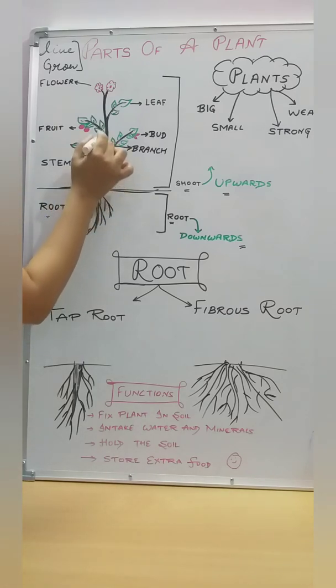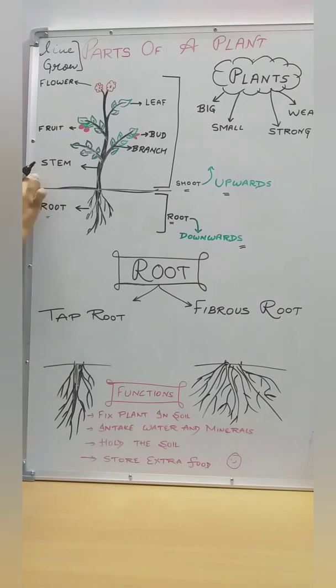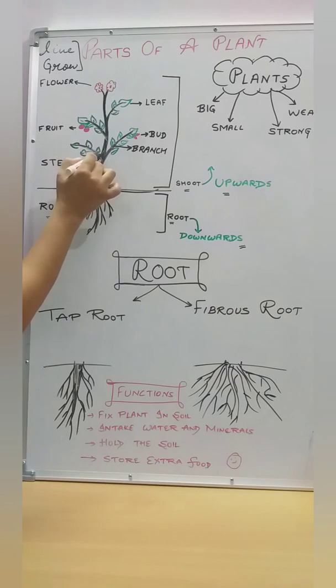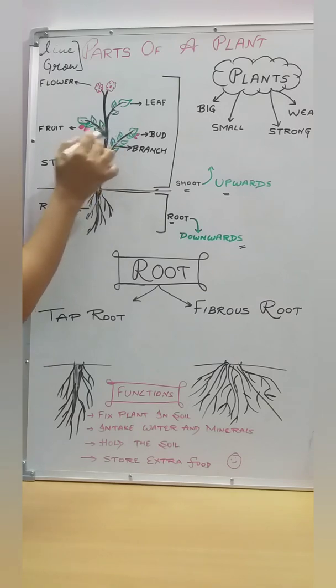Here you can see the stem. It helps to keep the plant upright. It may be strong or weak, like a woody stem. After that, here you can see branches arise from that and leaves come out.